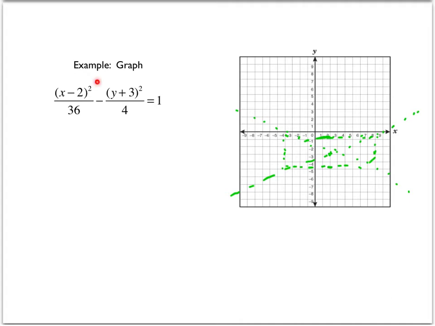Now, because this x value is first, not because this 36 is bigger than 4, which it is in this case, but simply because x comes first, I know that my hyperbola is going to have a horizontal orientation. So it's going to look similar to this. Again, I just follow the guidelines of those diagonals I drew to draw my hyperbola. So there it is, fairly similar in a lot of ways to how we graphed ellipses, but a couple little different twists.